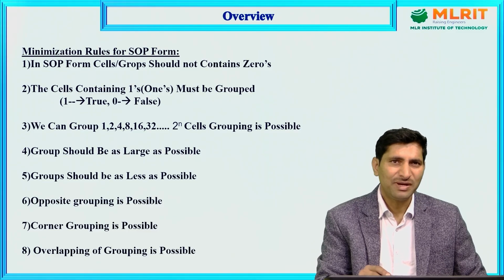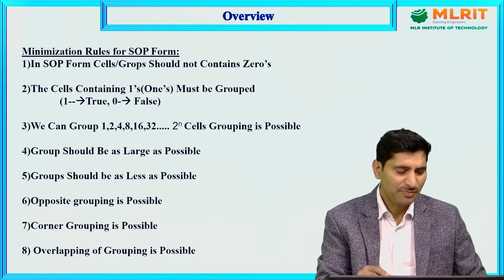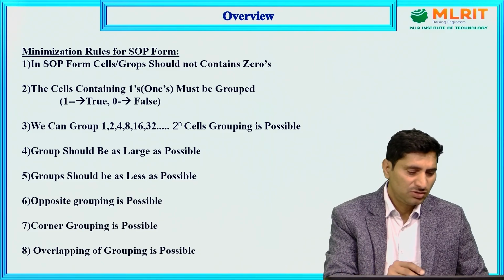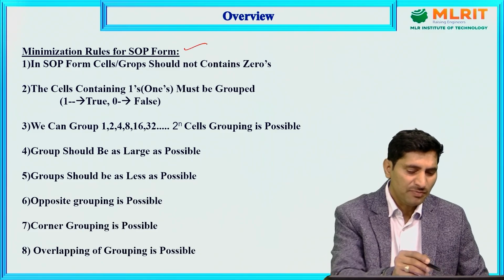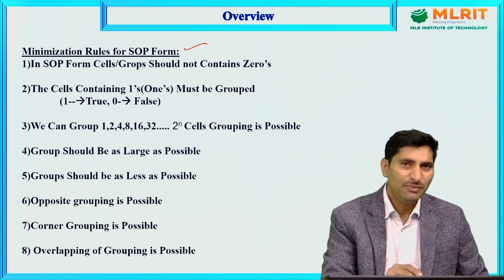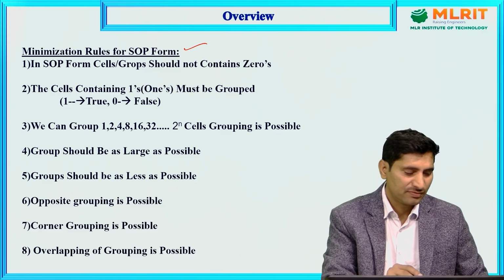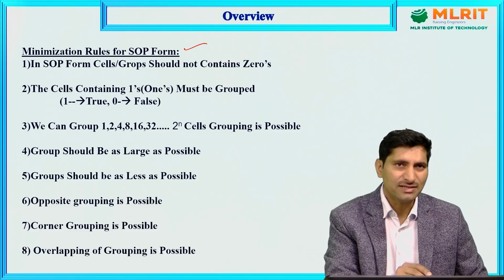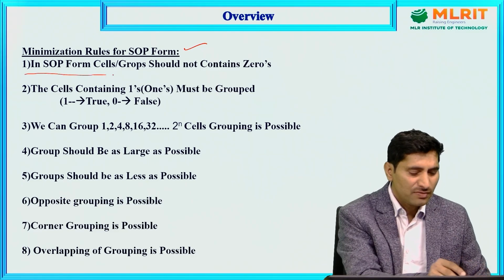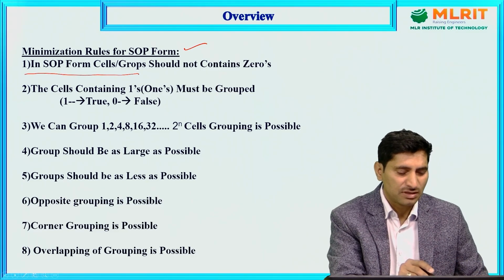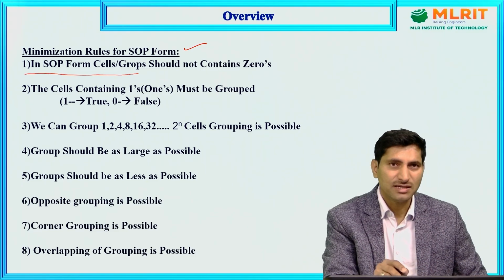Let us see one by one what the rules for minimization of K-map are. First, the rules for SOP form. Here 8 points we need to follow while minimizing K-map. The first point is, in SOP form, cell groups should not contain 0.